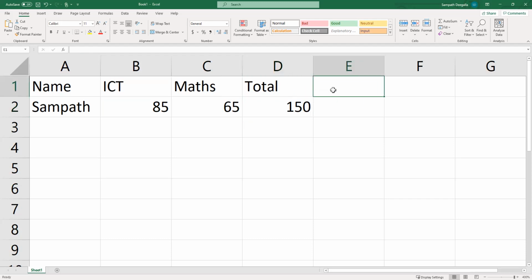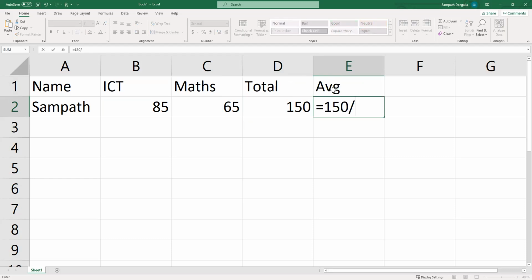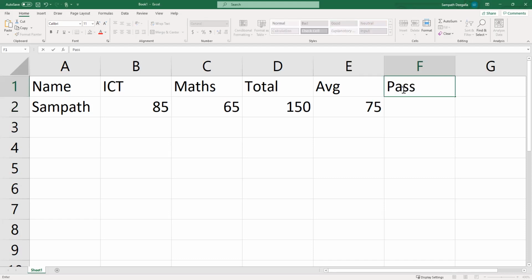Now, for example, let's say I'm going to calculate the average. So I can say 150 divided by 2. And we can say whether the person passes or fails, depending on the marks. Let's say the marks are 75.